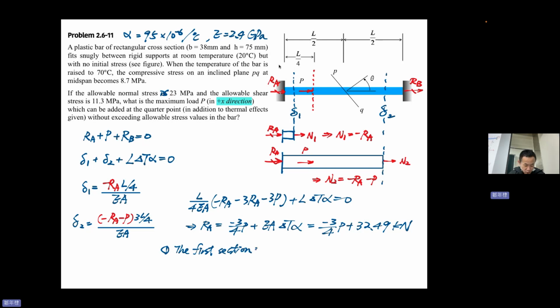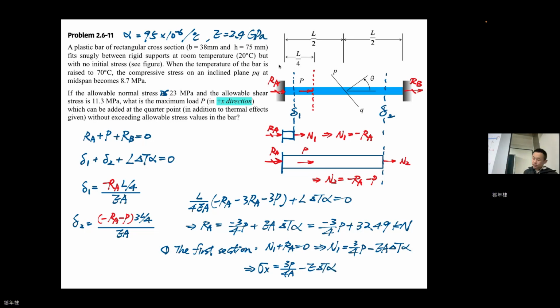Okay, so the first section, because N1 plus RA equal to 0, right? So the N1 equal to 3/4 P minus EA delta T alpha, of course. So your sigma x is easy. It's 3P over 4A, minus E delta T alpha.